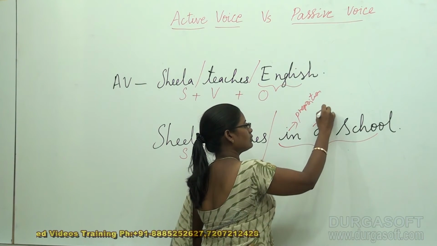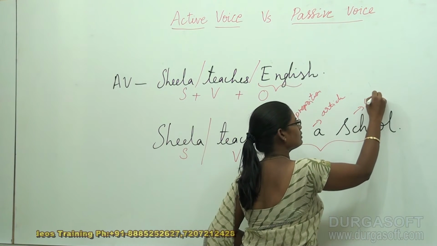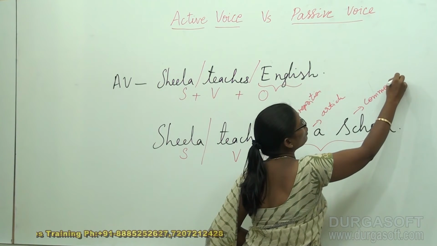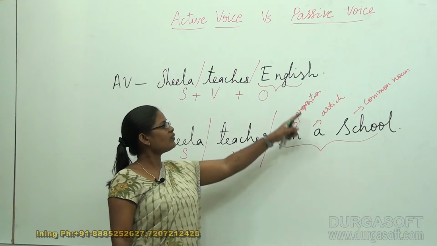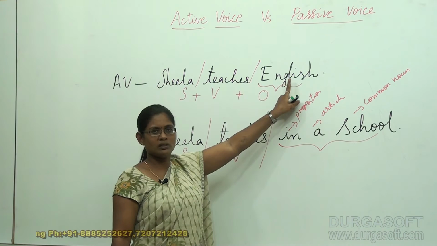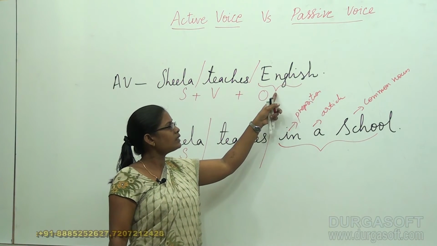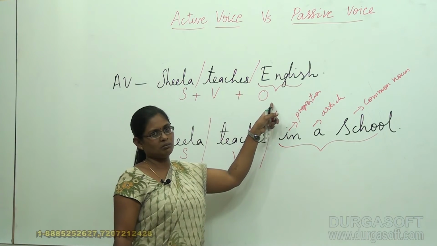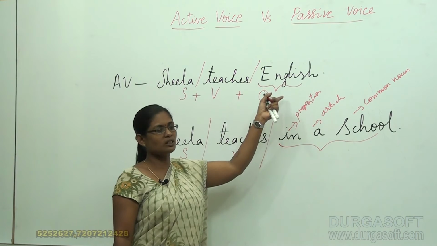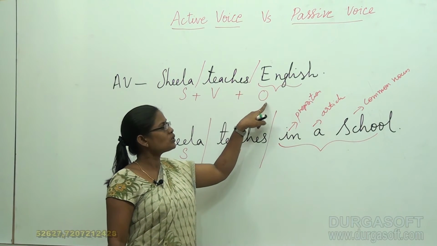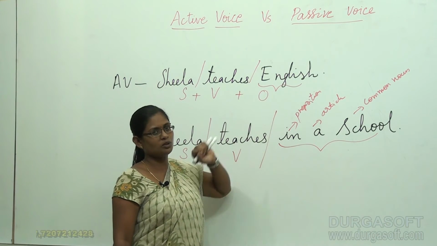This is an article, and this is a common noun. Of course this is English, this is the name of a subject, but still I rated it as object because only one noun is mentioned immediately after the verb. So I declared this particular word as object.